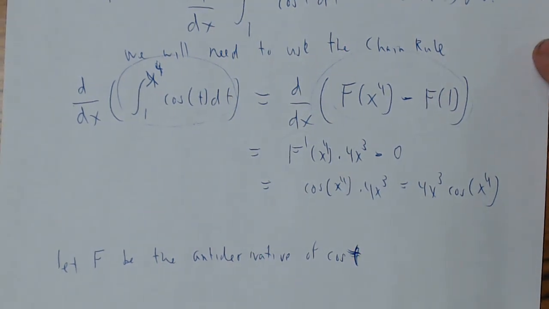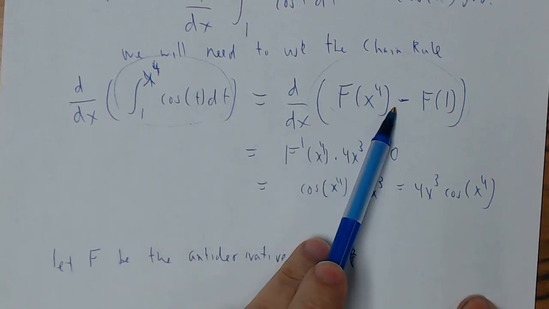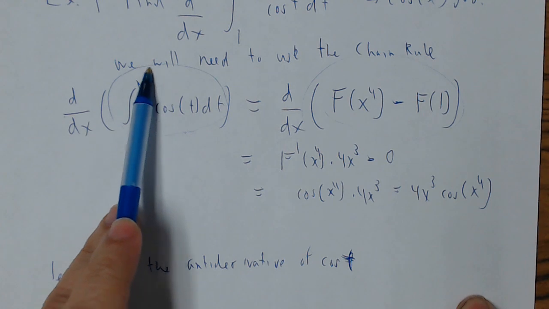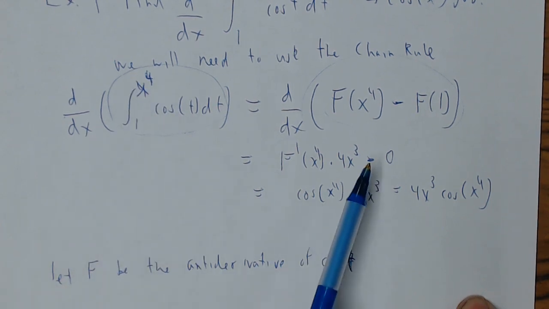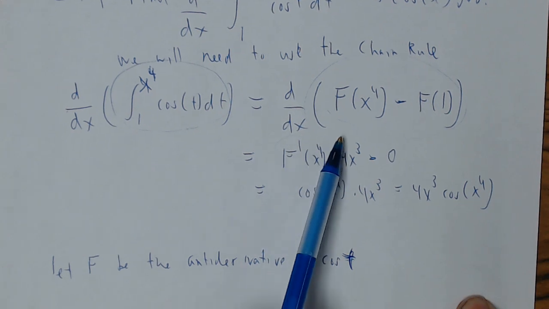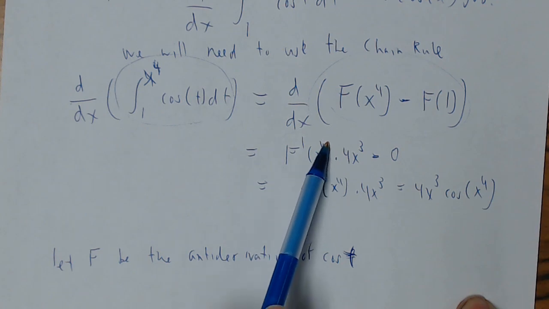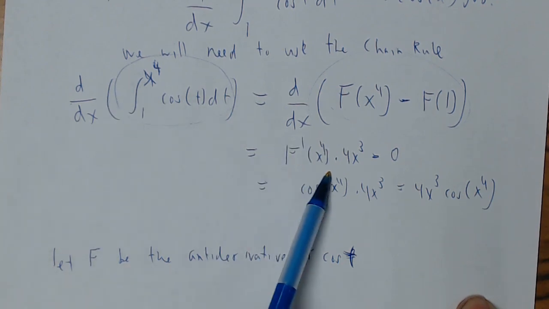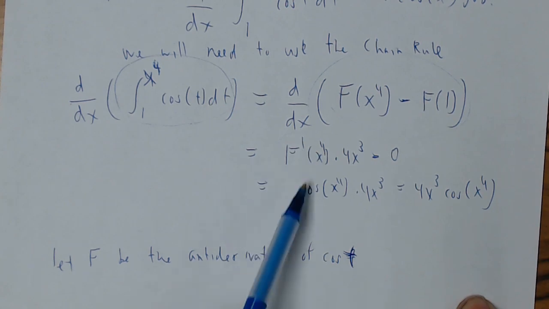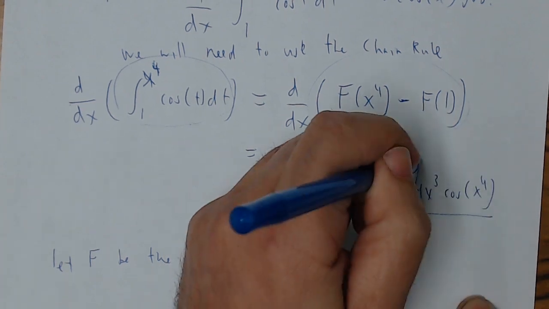Notice that when I found the derivative of the antiderivative, because it was x to the fourth inside, I had to use the chain rule: the derivative of the outside, capital F prime of x to the fourth, times the derivative of the inside. We know the derivative of capital F is cosine, so just replace your variable with x to the fourth. And so there you have it.